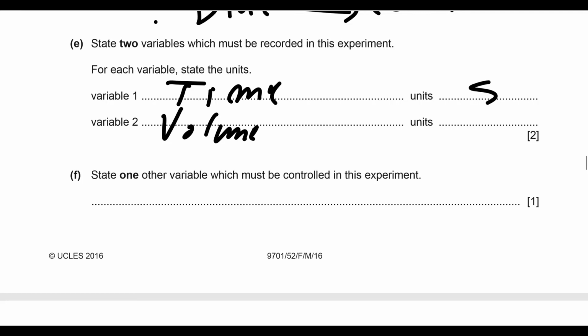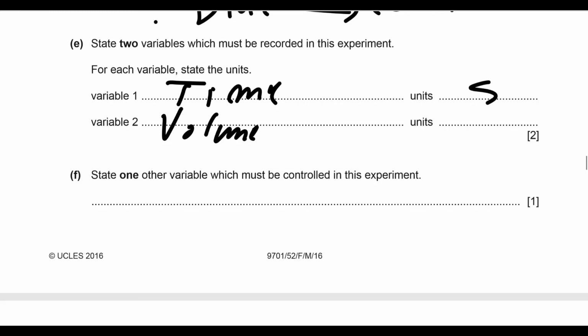Of thiosulfate, because the volume of the thiosulfate will change according to the concentration of iodine, that means the amount which is unreacted. When you need more volume of thiosulfate, that means you have more iodine which is unreacted.